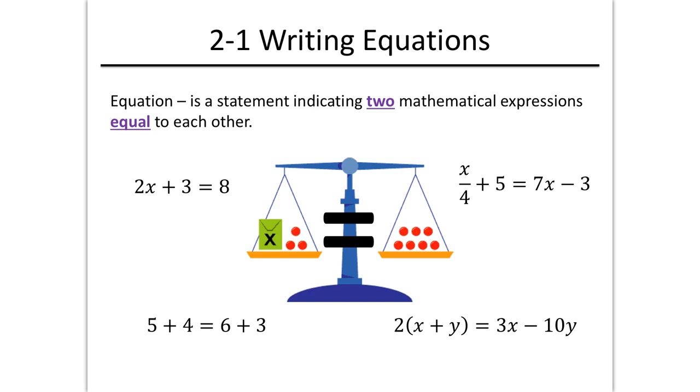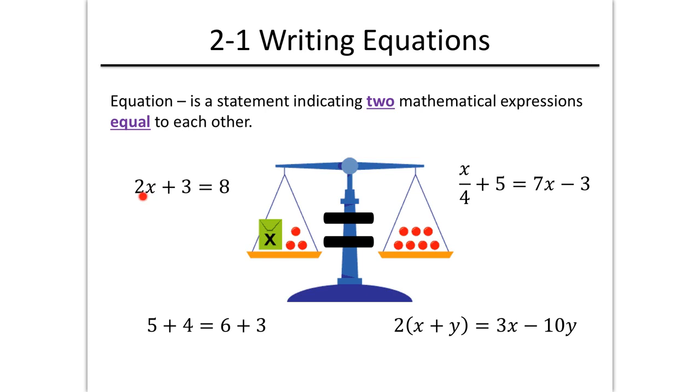Now, obviously, an equation is not going to have a picture for you, but I do have some examples here. So this one is an example of an equation. You have a mathematical expression on the left side of the equal sign. So there's the equal, just like the middle of the scale. So that's the left side. And on the right side, we just have a natural number, or you can say an integer. We just have a number, which is 8. Now, you see the variable here.